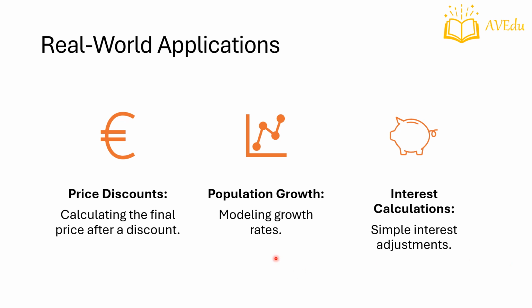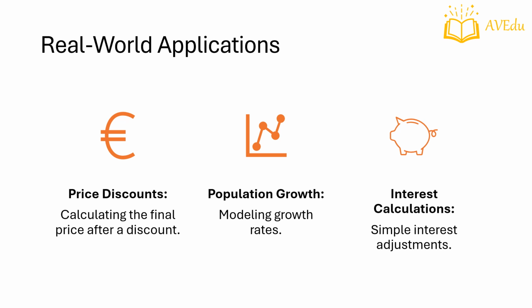The second case is population growth. In demographic studies, a population might increase or decrease by a percentage annually, so the same formula applies. If it is growth, we use the formula (100 plus y) multiplied by x divided by 100. If it is a decrease in the population, we use the other formula, (100 minus y) multiplied by x divided by 100. And then the financial calculation. Suppose we have a simple interest calculation.